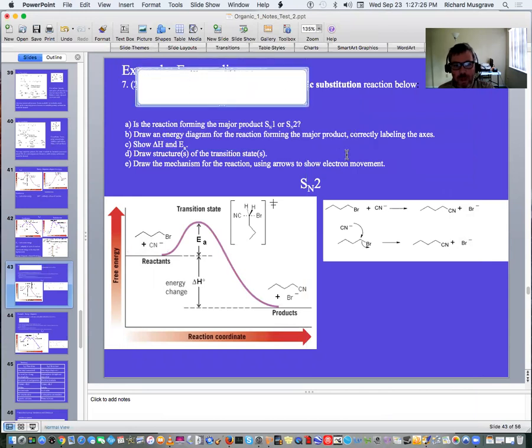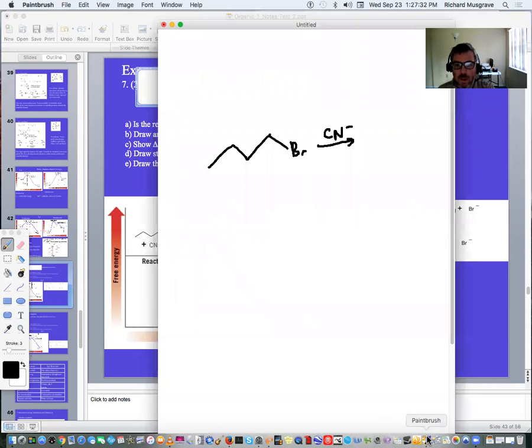Okay, is the reaction forming the major product Sn1 or Sn2? Does anybody know? Sn1. Okay, why would you be saying that, Deanna? Because it's a primary structure, right? Okay, so if it's primary, which way is it going to go? Let's go back and take a look.